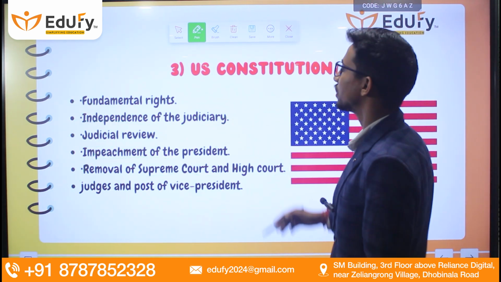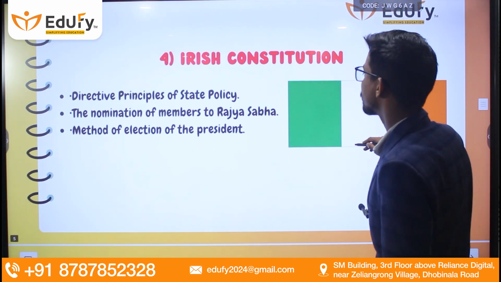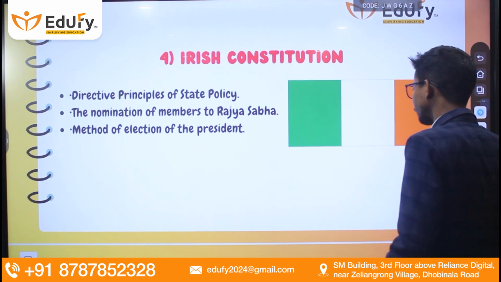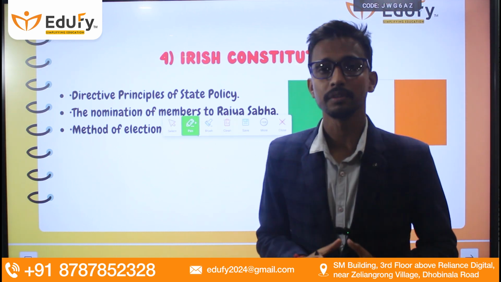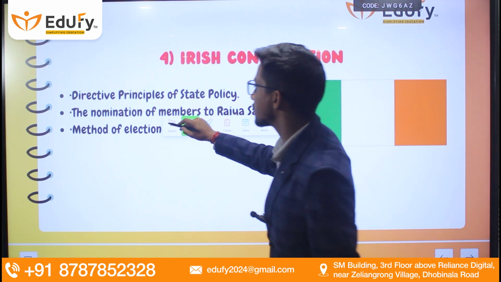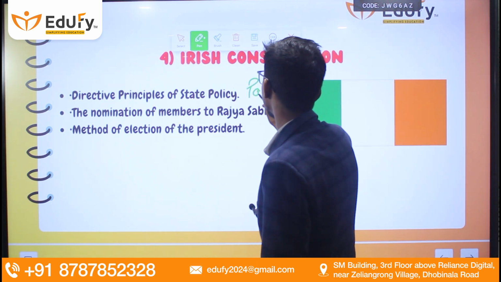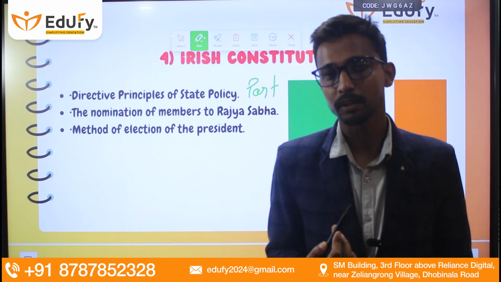Moving towards the next slide, we have the Irish Constitution. Remember, friends, the provisions mentioned in Part 4 of the Indian Constitution, that is DPSP, the directive principles of state policy.